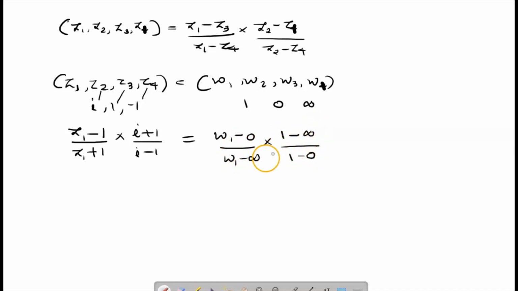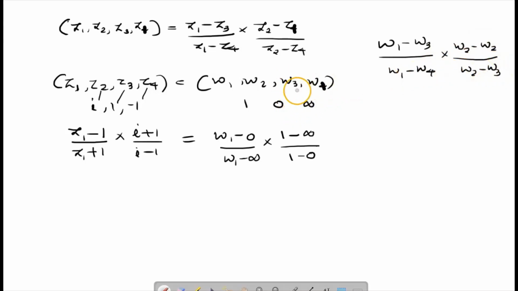So here infinity is one of the points in the W plane. If we have a point at infinity, the cross ratio is (W1 minus W3) divided by (W1 minus W4), into (W2 minus W4) divided by (W2 minus W3). Here W4 is infinity, so we divide these terms by W4.